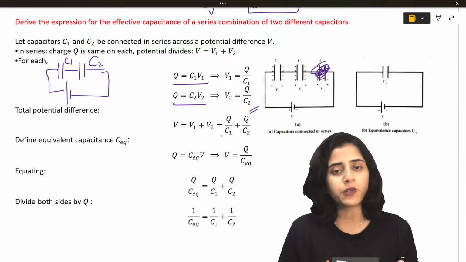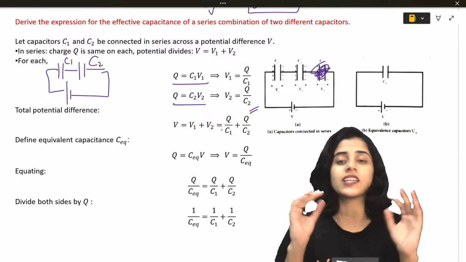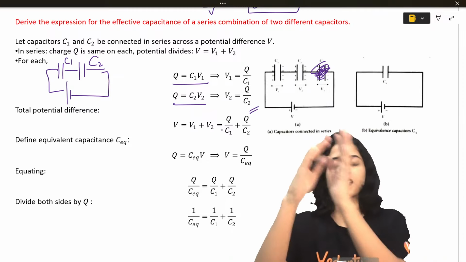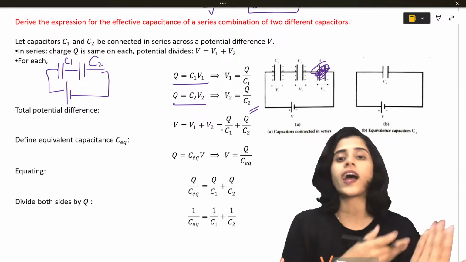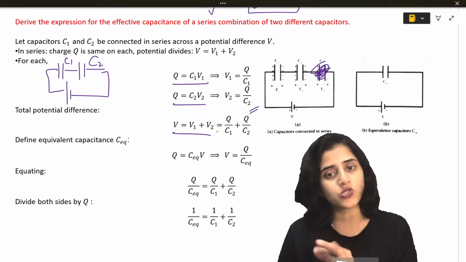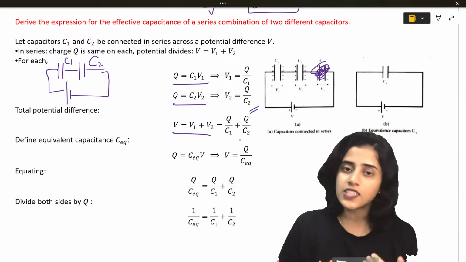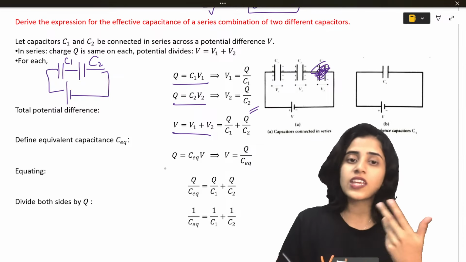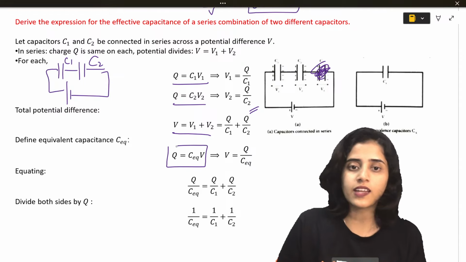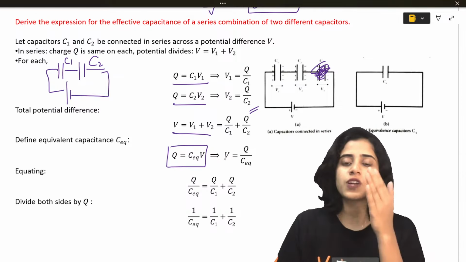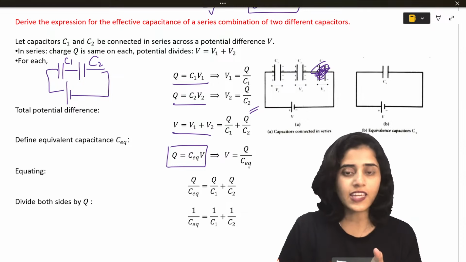Now, total potential. This is a series circuit. In a series circuit, voltage is V1 plus V2, plus however many capacitances there are, you add all the voltages. So V is V1 plus V2, which is basically Q by C1 plus Q by C2. Now, to find the equivalent capacitance, we say that Q is equal to C equivalent into V. So V is equal to Q by C equivalent.